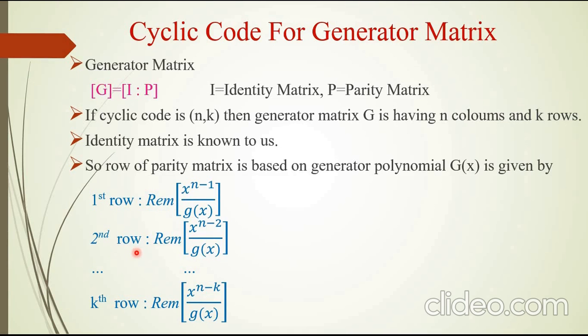And the second row we can calculate as the remainder of x to the power n minus 2 divided by g(x), and so on. Likewise the kth row is the remainder of x to the power n minus k divided by g(x). So the first row is the remainder of x^(n-1) divided by g(x), the second row is the remainder of x^(n-2) divided by g(x), and the kth row is the remainder of x^(n-k) divided by g(x).